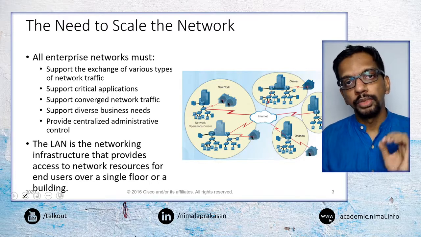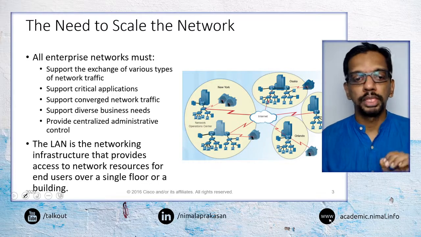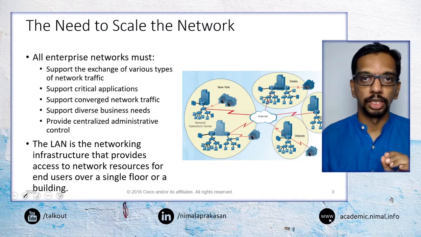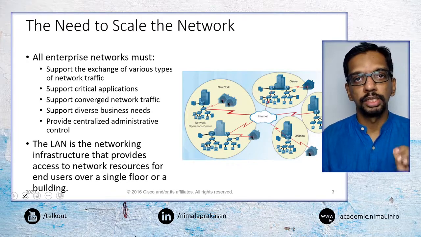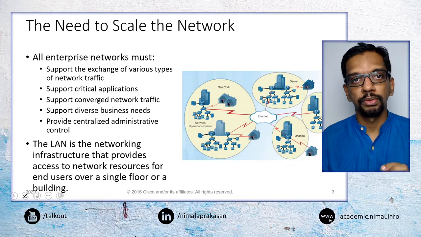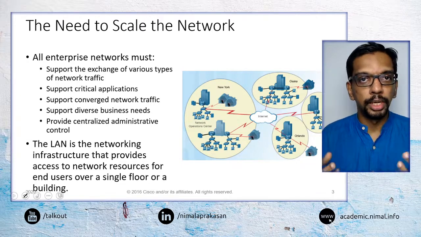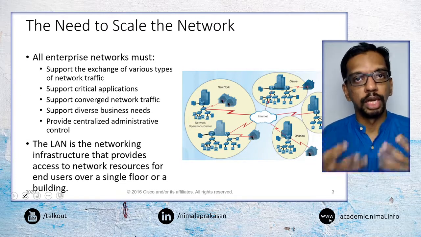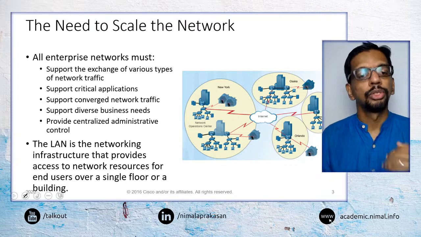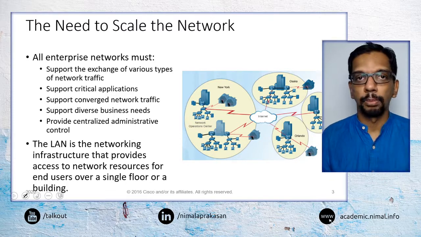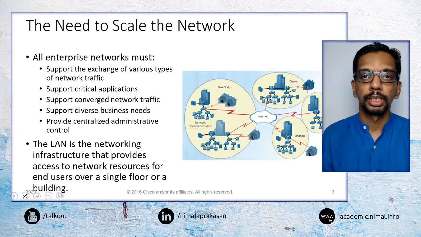And some of these applications and services may be business critical. For example, there may be servers that need to run 24/7. There may be other applications that need to have a certain level of availability. So there will be certain business critical applications in these environments.